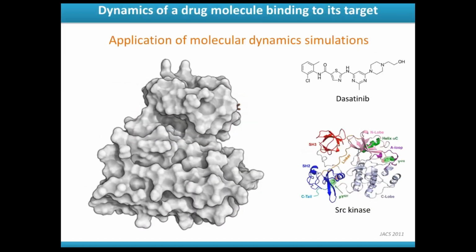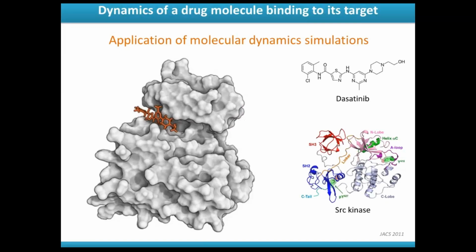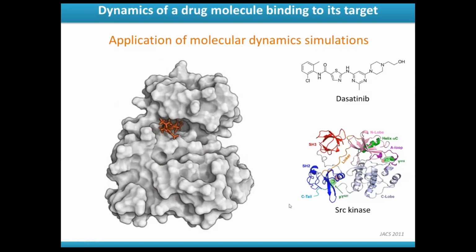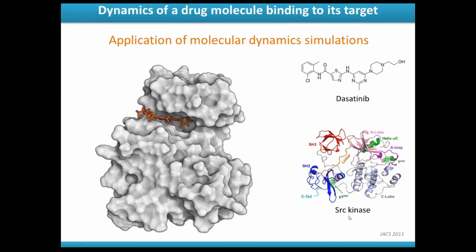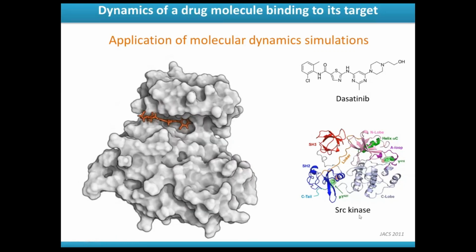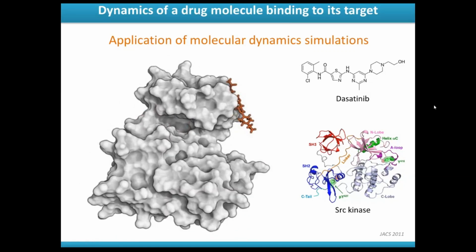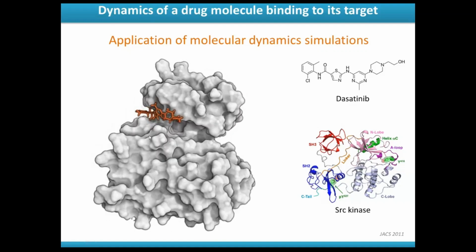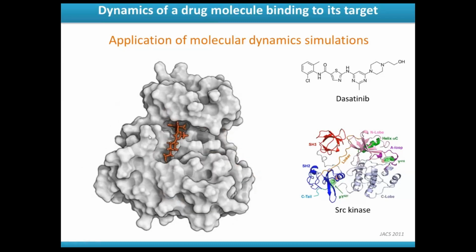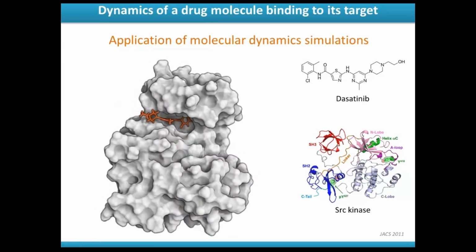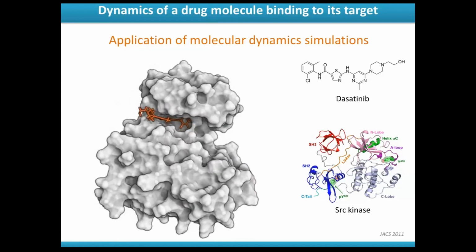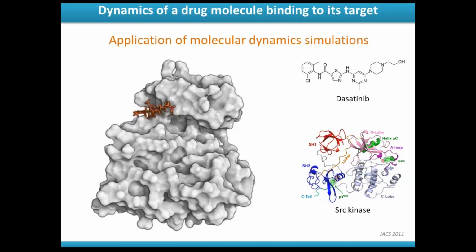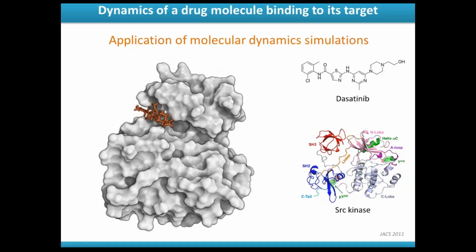Here is the slide again, which shows the binding of a drug molecule, dasatinib, which binds to its drug target called SRC kinase, which is implicated in breast cancers. This is an established drug, and this movie is basically a snapshot of several trajectories which are saved during the molecular dynamic simulations. It shows you the actual behavior of the drug molecule and its binding ultimately at the binding site or active site of this protein.